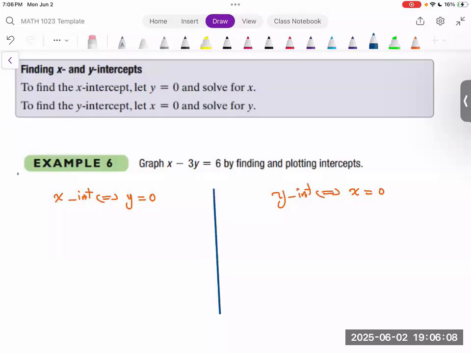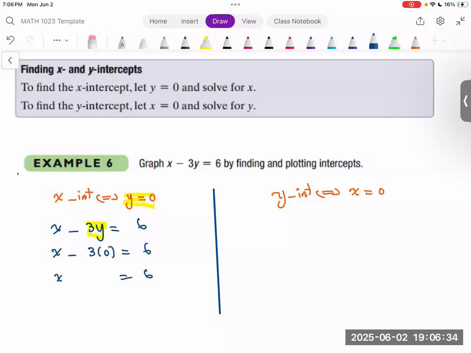Now, the first thing is to write down the equation, x minus 3y equals 6. And for this one, I'm setting y to 0. So this is going to be a 0 here. I can write it as x minus 3 times 0 equals 6. This turns into x minus 0, which is x only, equals 6.